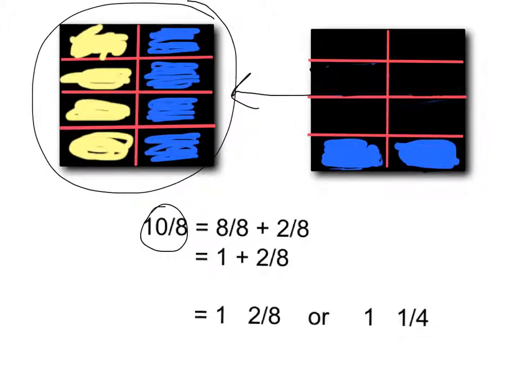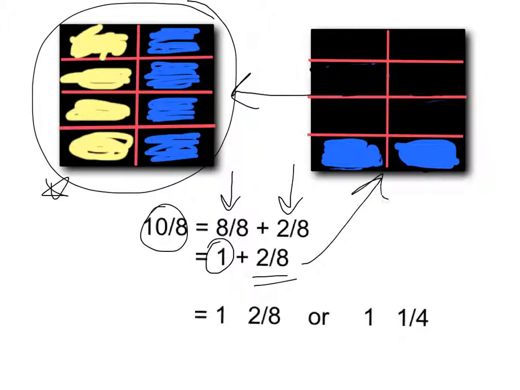So our 10/8 answer is 8/8 plus 2/8. 8/8 is this one right here, which is giving us a one whole unit, plus 2/8, which is our 2 units over here, giving us an answer of 1 and 2/8, or if you reduce the 2/8, it is also 1 and 1/4.